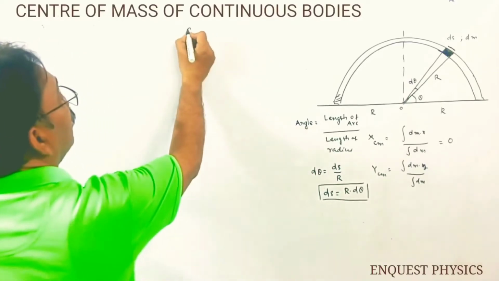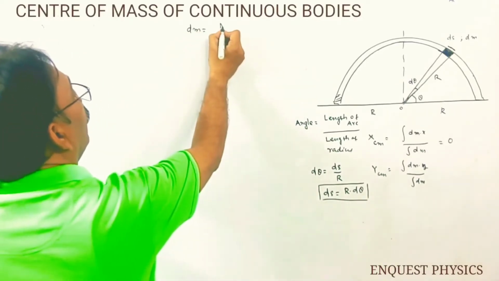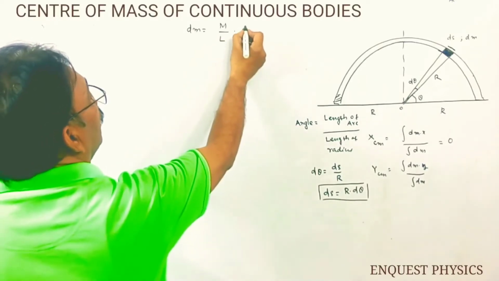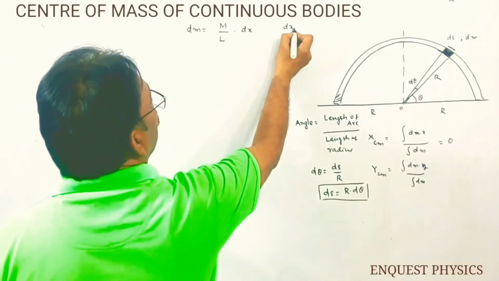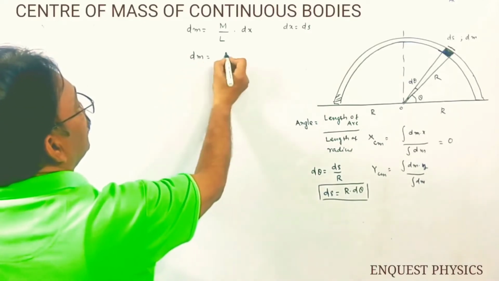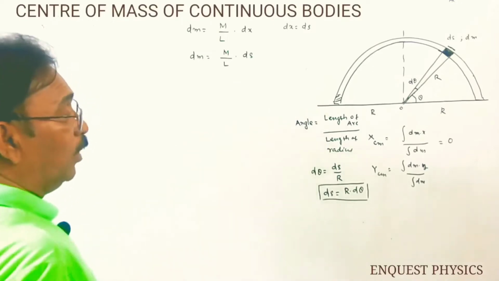Okay students, then after we have to find out the mass of this strip. As you learned, the derivative of mass can be written as mass by length into dx. Here we are taking dx as ds, then dm is equal to m by L into ds. But what is the length?